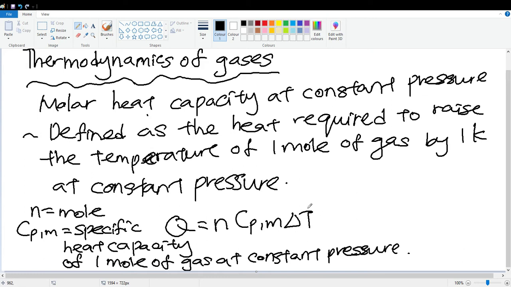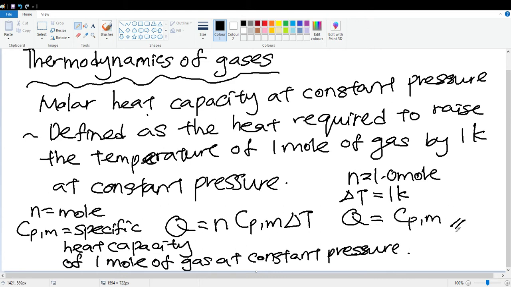So this delta T, we know that is the increase in temperature. Let's say our mole is 1 mole, and our increase in temperature is 1 K, since the definition is 1 K. So the heat required to increase 1 mole of gas by 1 K is Q equals C_p,m.